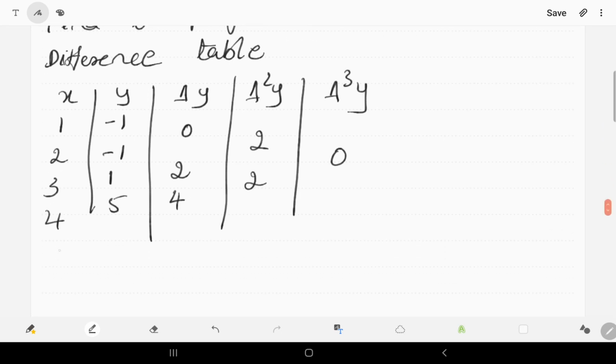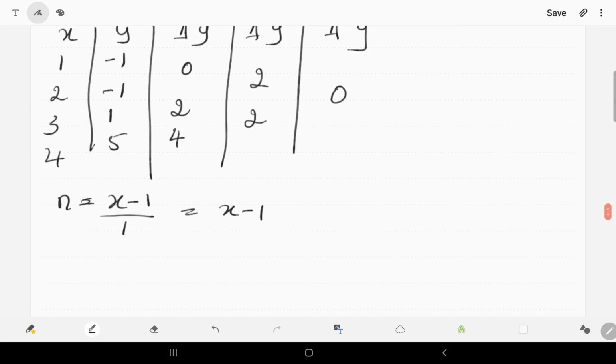Now here, in order to find out the polynomial, the x value is not given, so n is x minus x naught, where x naught is 1, divided by class interval h equals 1, that is equal to x minus 1.